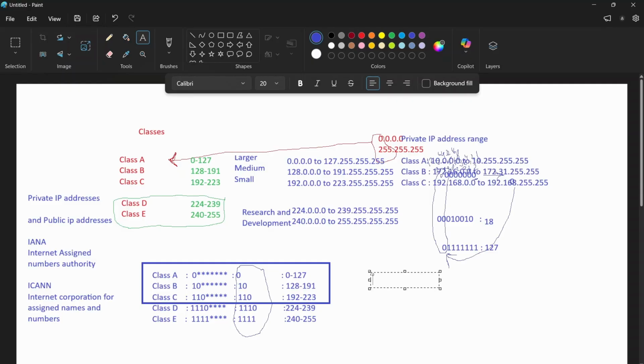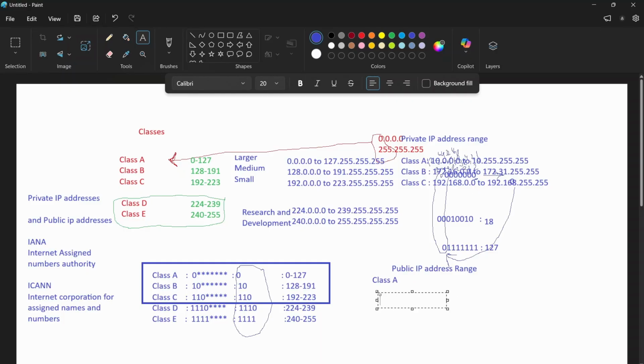So now tell me, what is the class A public IP address range? Remove the private IP address range and tell the remaining range.